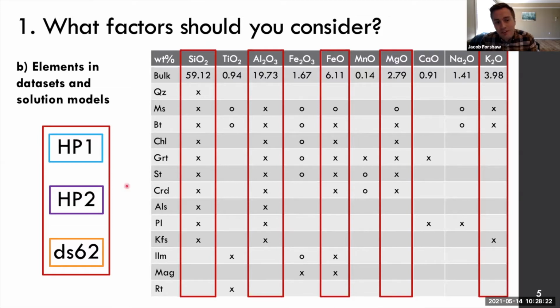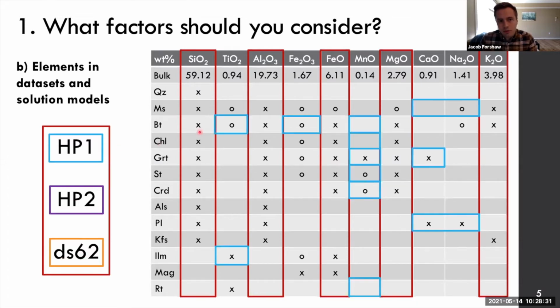And so I've put my 3 databases in, HP1, HP2, and DS62, with their different solution models. And you can see that HP1 has quite a wide variability. You've got titanium and ferric iron and manganese added to biotite.